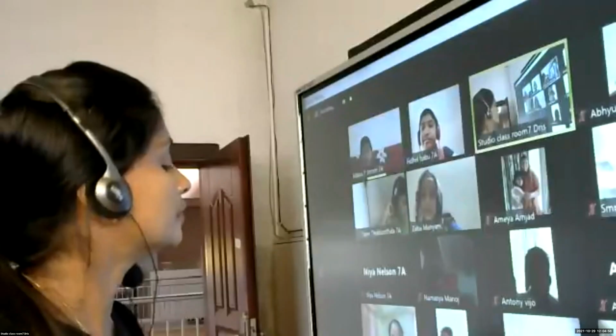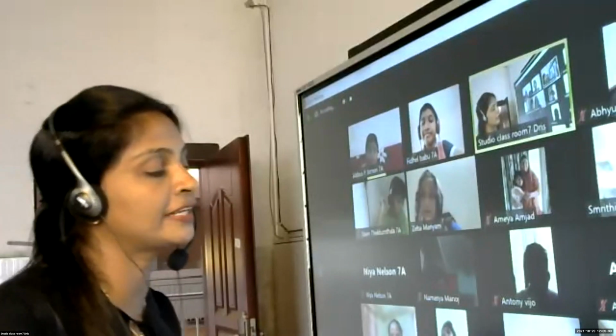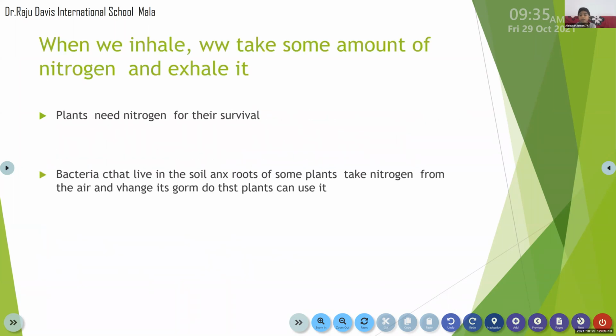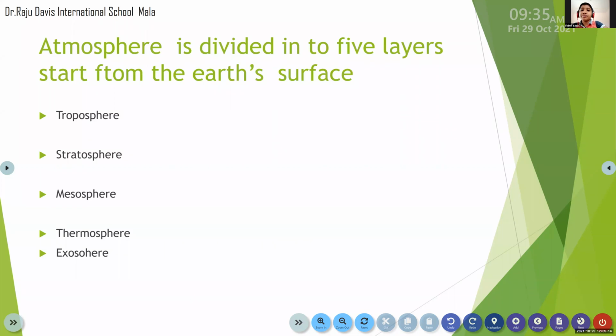Yes, ma'am, last year we studied the names of the layers, but not in detail. So now we are going to study in detail about all these layers of the atmosphere.